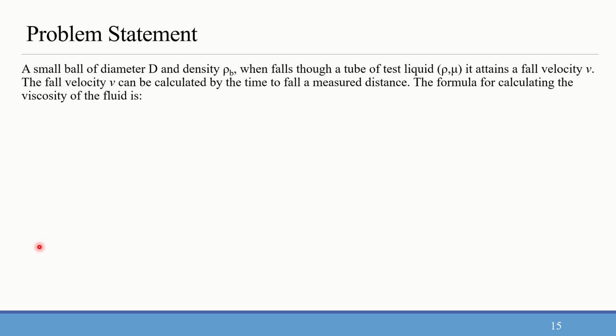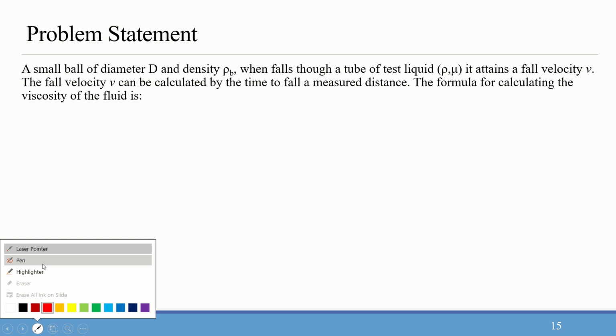Initially the velocity will change, but after some time it will reach the terminal velocity, after which the velocity will remain constant. It will not be changing with respect to height. So I hope you are clear with the understanding of the problem.